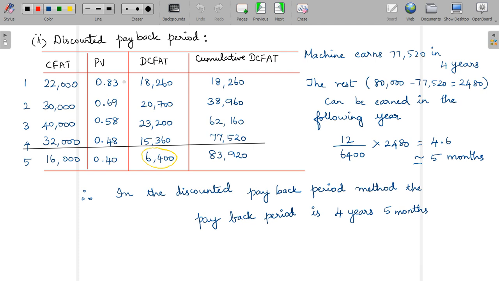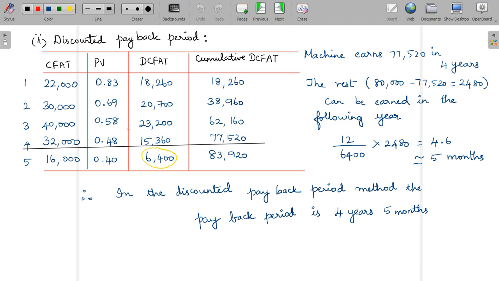So when you multiply, you will get the discounted cash flow after tax, 22,000 into 0.83. You do as usual, you calculate the cumulative values and you find the closest value to 80,000. In this case, 77,520 is the closest to 80,000. So we are making this amount in the fourth year.